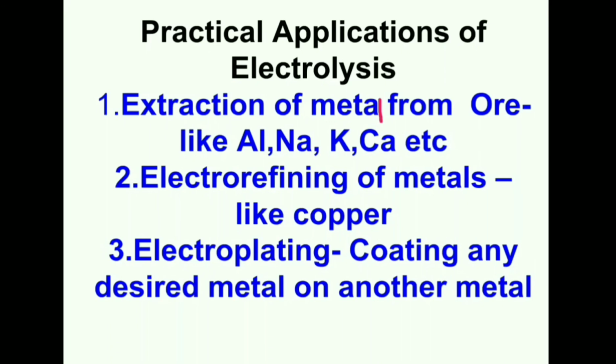Then there is an important process to purify metals, in which the electrolysis process is used to make an impure metal into pure metal. The third one is the electroplating. Electroplating means coating any desired metal on another metal. Like you get gold medal, silver medal, they are all plated ones, means they are coated with a layer of gold or silver on some other metal.